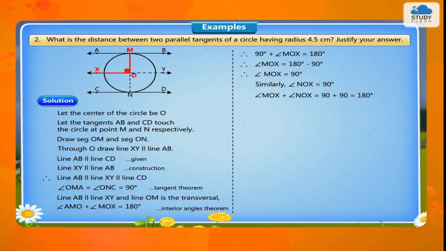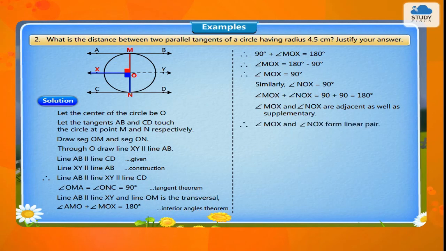Therefore, angle MOX plus angle NOX is equal to 90 plus 90 is equal to 180 degrees. Therefore, angle MOX and angle NOX are adjacent as well as supplementary. Therefore, they form a linear pair. Therefore, ray OM and ray ON are opposite rays.